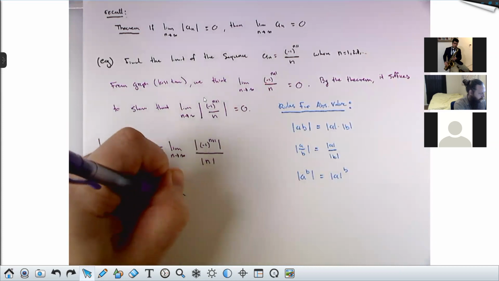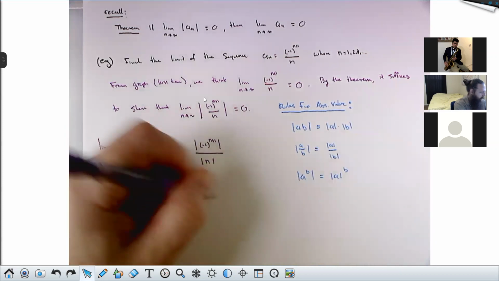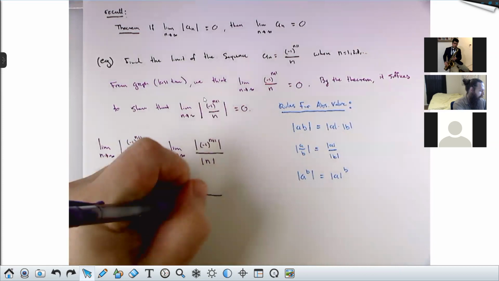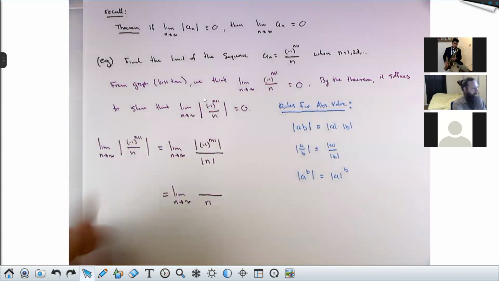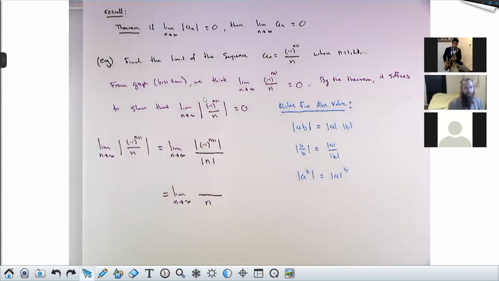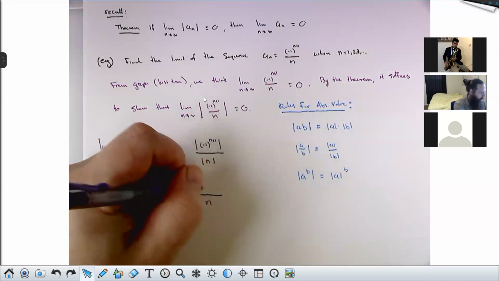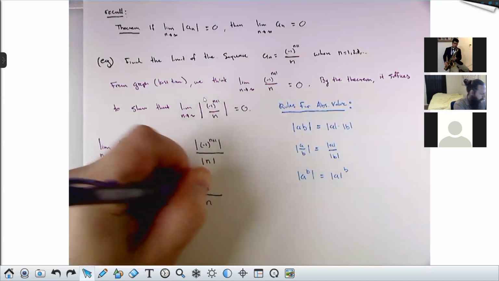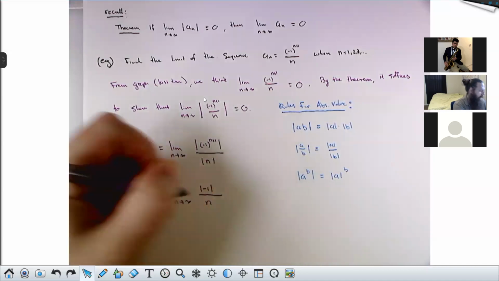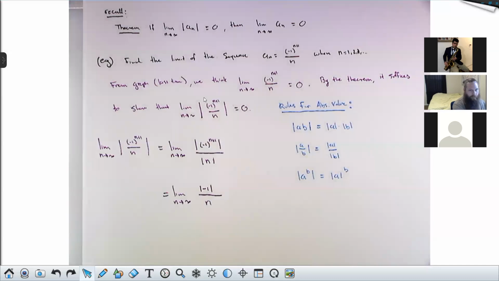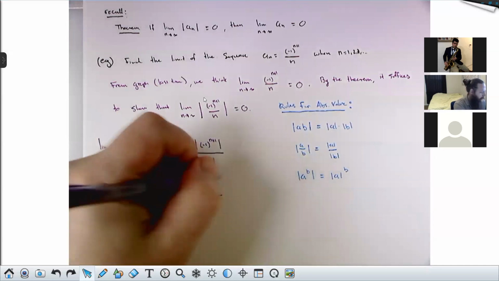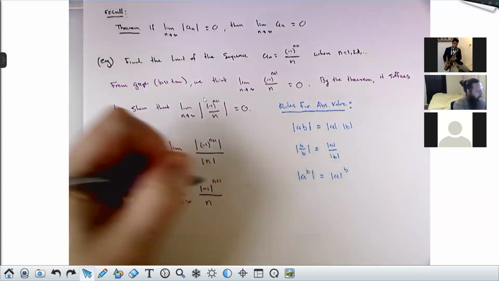Copy the parts that don't change, then limit as n goes to infinity, fraction law. Downstairs here, I now just have n. Upstairs, I can use the third rule. The absolute value of (-1)^(n+1) is the same as the absolute value of -1, all raised to the power of n+1.